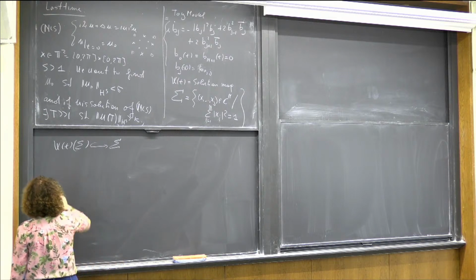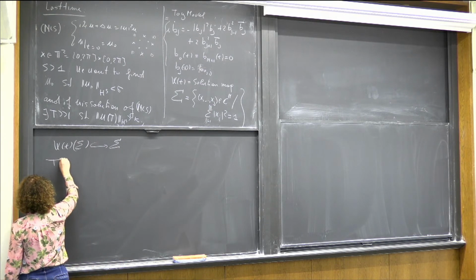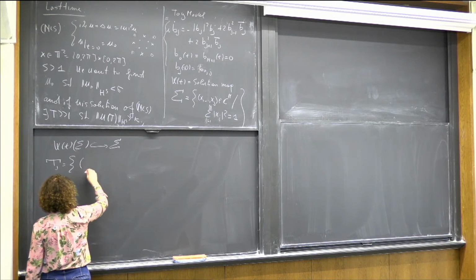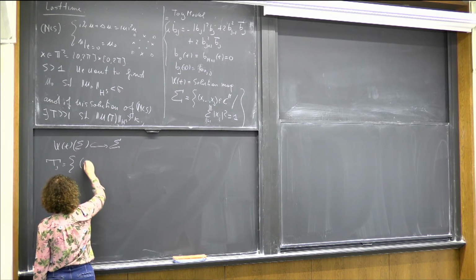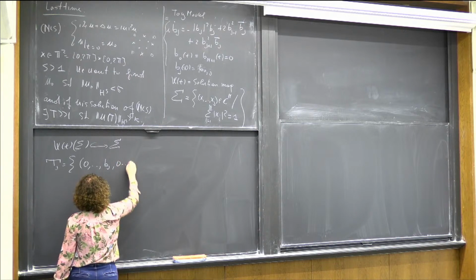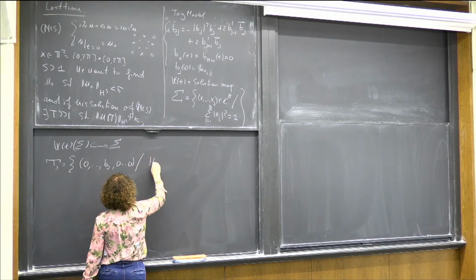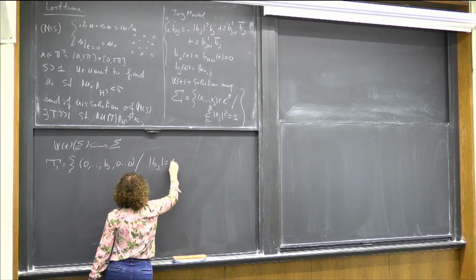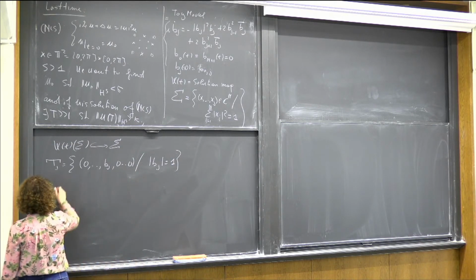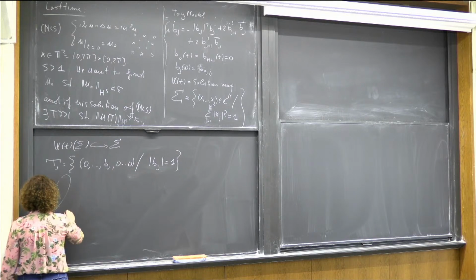And moreover, if we call T_j these big circles, so this is going to be 0 everywhere, except at time j there is a b_j, and this b_j has size 1. So there are these big circles, and last time we said that there is a theorem that tells us the following.